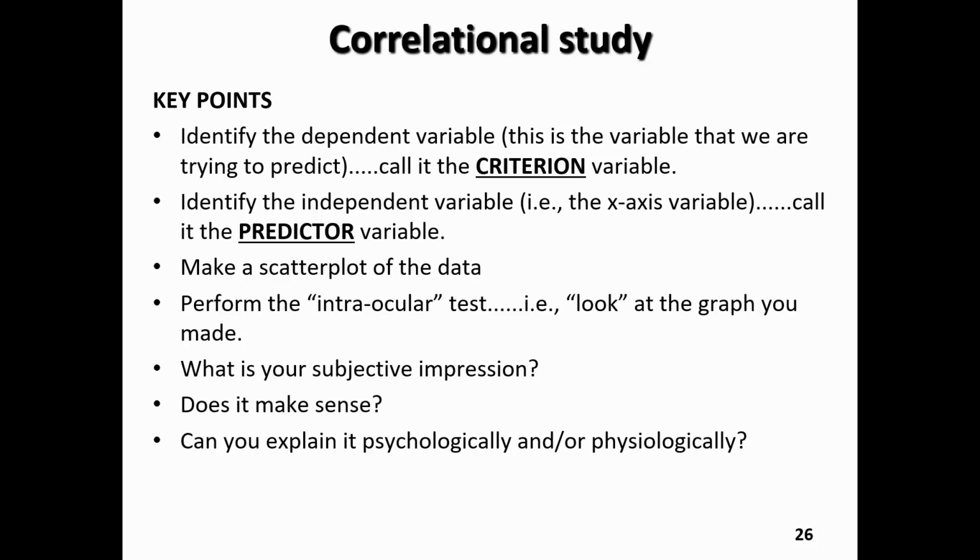The suggestion here is to not rush and start performing calculations right away. It's highly recommended that the researcher examine graphs, look at the data, get a subjective impression, and see how that impression compares against what the researcher intended or thought would happen when these data were collected.